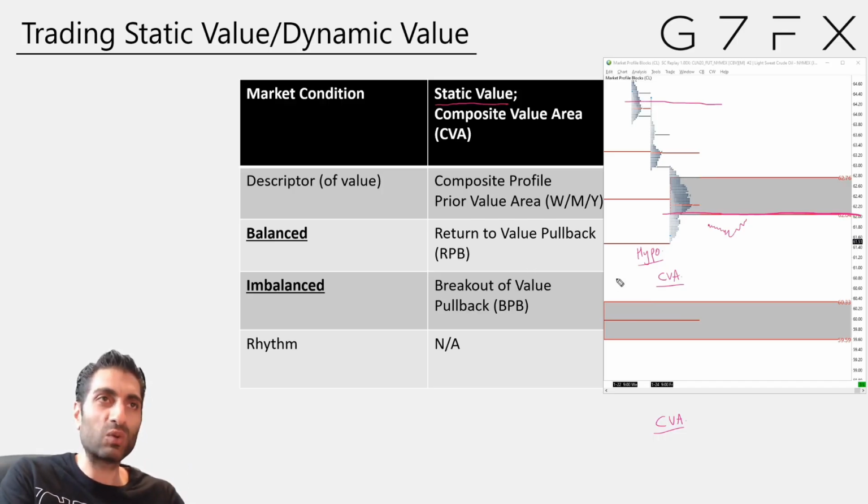I don't like to write "developing weekly imbalance is this" or whatever. I just like to write imbalanced, or whatever name I give it for static or developing, and this will become clear later. So you just have to take my word for it at the moment.